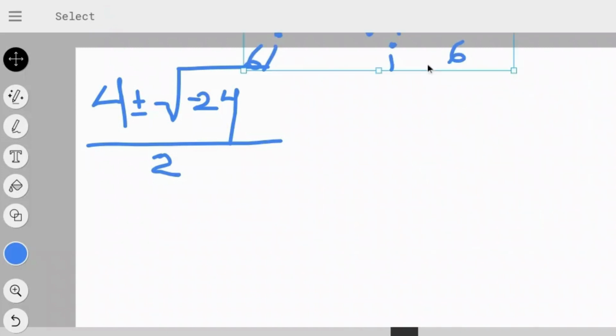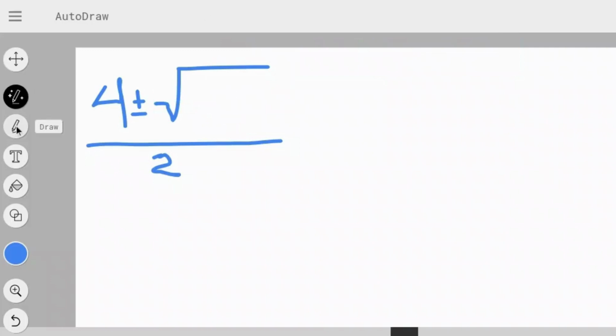Let's move this out of the way. So then what we have here is we're going to be taking this, kind of just throwing it to the side again. And we're going to be writing 6i in here instead.